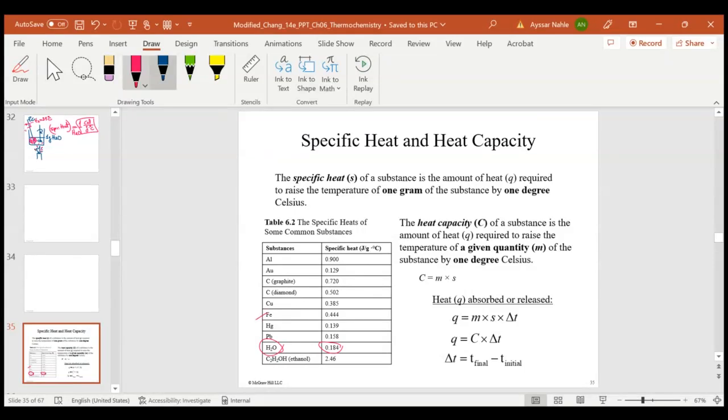If you look for anything else in here as a specific heat, the Fe will have a different value. Every material has a different specific heat. But what do you think? If I have, for example, water and steel, I take the water, I take the steel, and I put them down.